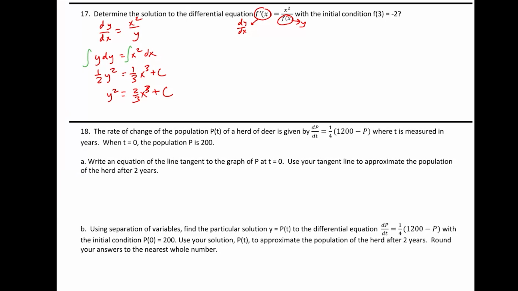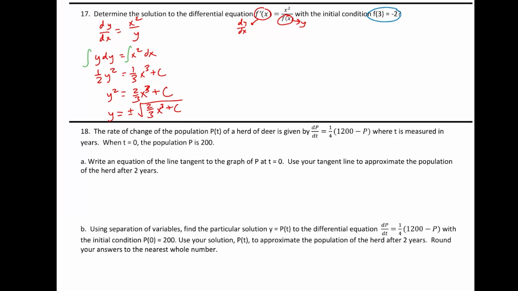Now, if I do want to isolate y here, the last thing to do would be to take the square root of both sides. So I get y equals plus or minus the square root of 2/3 x cubed plus c. I do need to make a conscious choice on whether or not to keep the plus or the minus, because y must be a function, so it can't have multiple outputs for any one input. And if I look at the one output that is given, when x is 3, y is negative 2, that means that at least at that point, we do have a negative output.